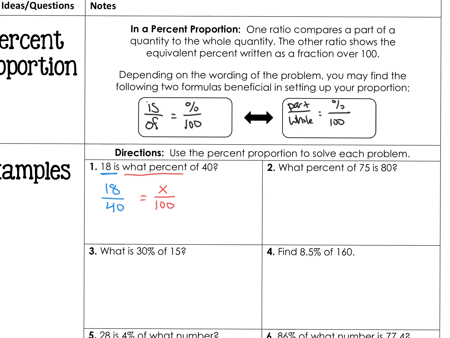Now we can just use our cross products and solve like we've done before. So 18 times 100 has to equal 40x, so 18 times 100 is 1800, and then we divide by 40, and 1800 divided by 40 is 45, so x is equal to 45. Since it's a percentage, our answer would be 45%.